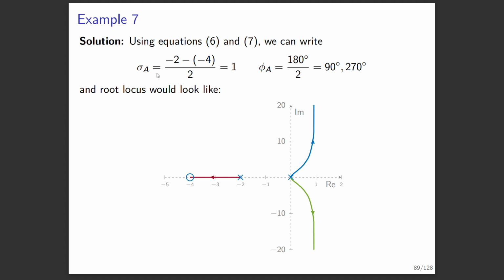Then I found the location and the angle of asymptotes. The location would be at 1, and the angle would be 90 degrees and 270 degrees. And then I plot poles and zeros of the loop transfer function. I use the rule that tells me what part of the real axis is in the locus.